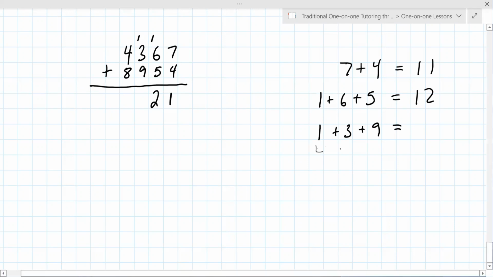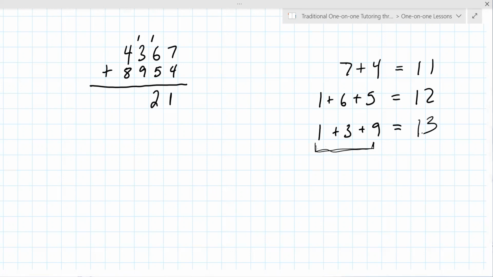So 1 and 9 make 10, and then adding 3 to it gets you to 13. Is that okay? Yes. All right. So that means you put a 3 down here with a carry of 1.